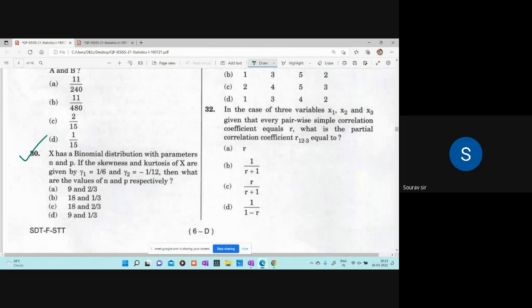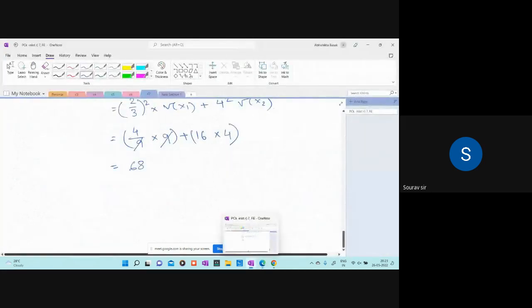Okay, can you tell me the formula of skewness and kurtosis? Ma'am, skewness is mu 3 upon mu 2 to the power 3 by 2. Oh, not that formula. Basically, for the binomial distribution, what is the formula? Suppose x is a random variable following a binomial (n, p) distribution.